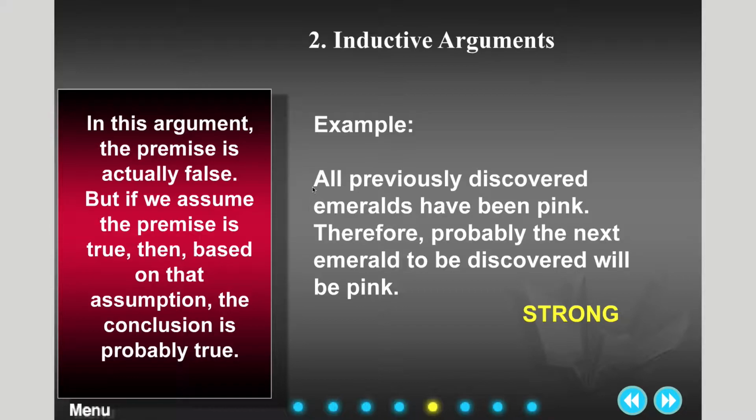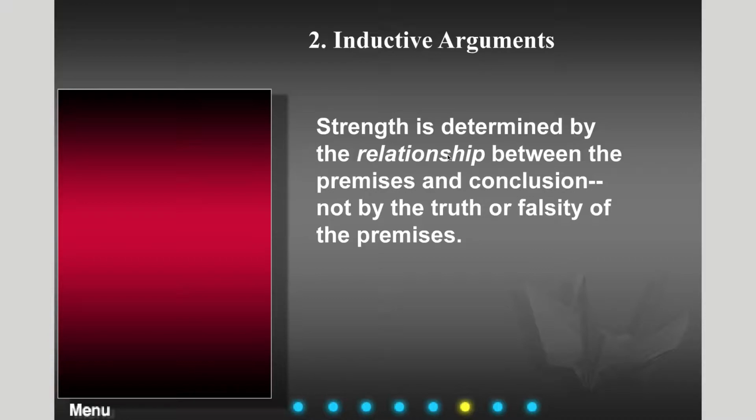So if it's the case that all previously discovered emeralds have been pink, is it probably the case that the next emerald to be discovered will be pink? Indeed, yes. If we assume that, it is a strong inductive argument. Strength is determined by the relationship, as in deductive arguments, between the premises and conclusion, not by the truth, whether the premises are true or false.